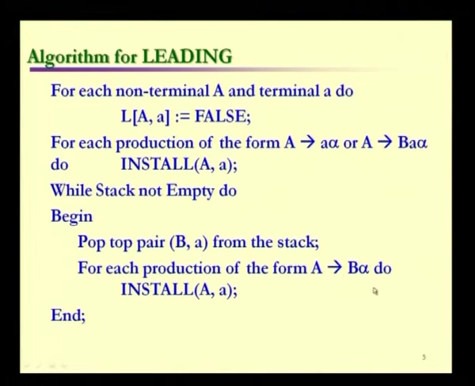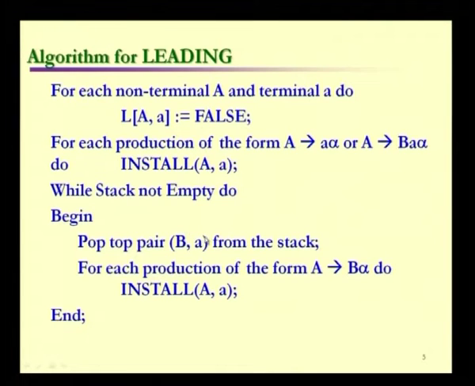So, the meaning is, for each production of the form A derives B alpha, where B is the first symbol on the right hand side, if B comma A is a pair from the stack, it means small a is the first symbol of B. If small a is the first symbol of B, then it is going to be the first symbol of A also. So, that is what this iteration is.